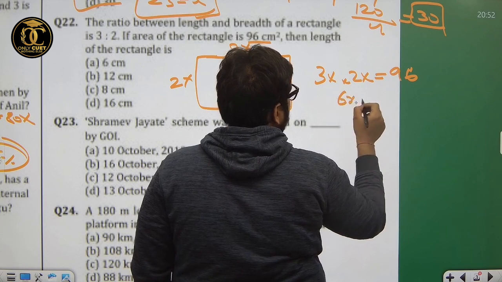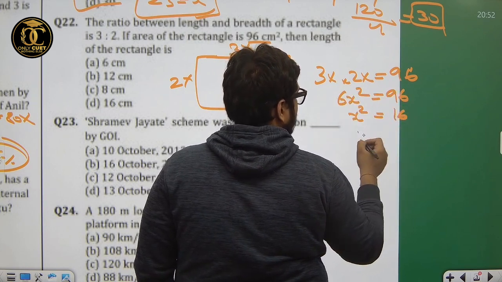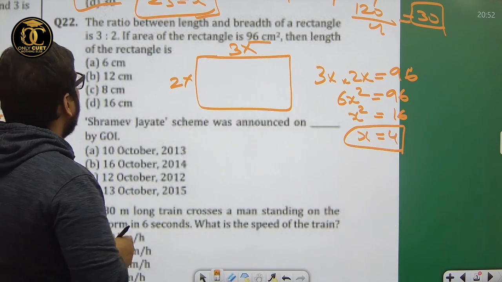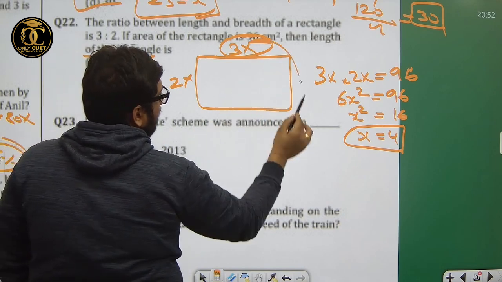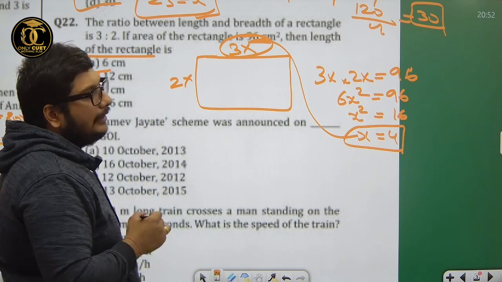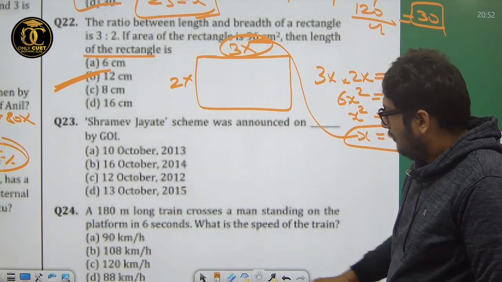That is 6x square is equal to 96. x square is equal to 16. x is equal to 4. I got the value of x as 4. What has been asked? Length of the rectangle. I assume that to be 3x. x is equal to 4. So 3 into 4, 12. Option B is the correct answer, 12 centimeter. Clear, guys? Next one.